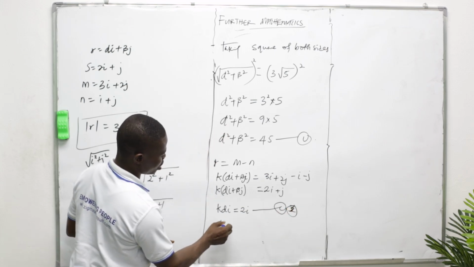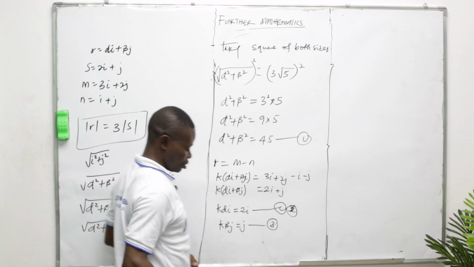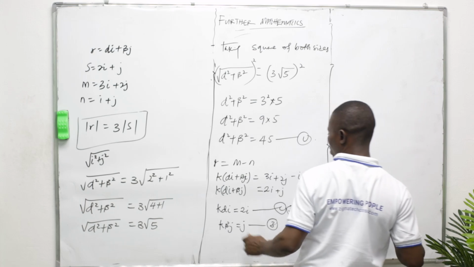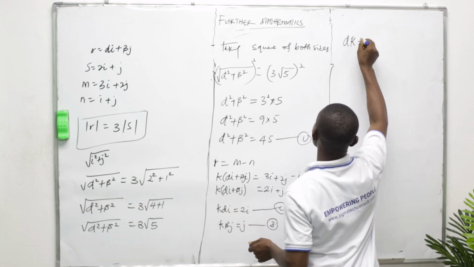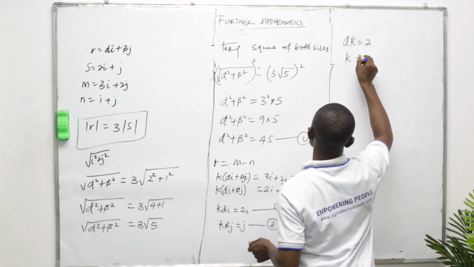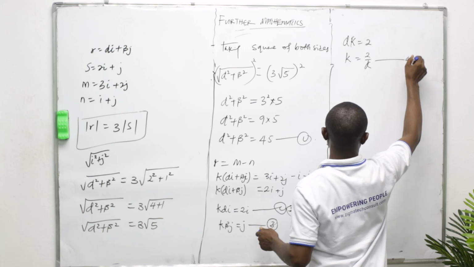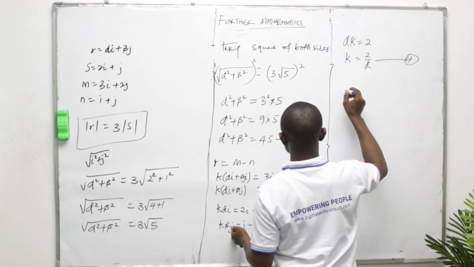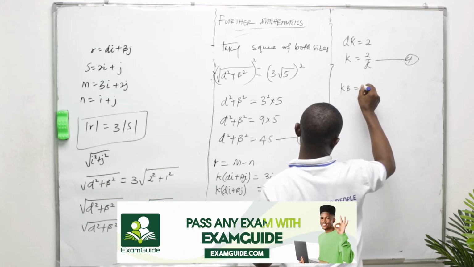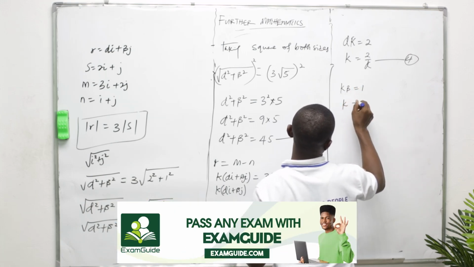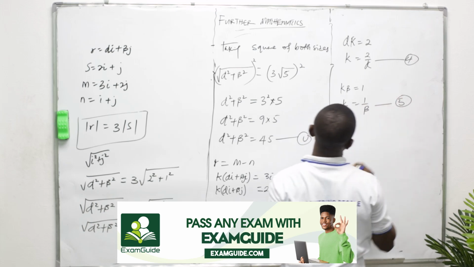Also, K beta j equals j, equation 3. By comparison, alpha K equals 2, so that K will be 2 all over alpha. I call it equation 4. Then K beta equals 1, so K equals 1 all over beta. I call it equation 5.